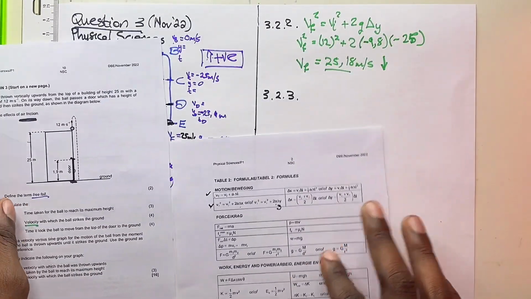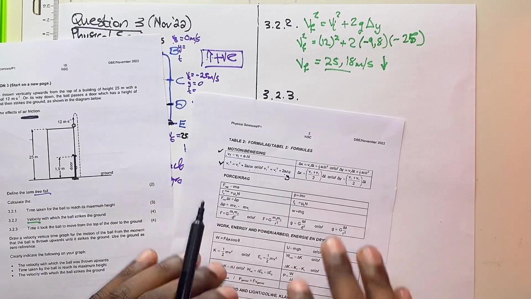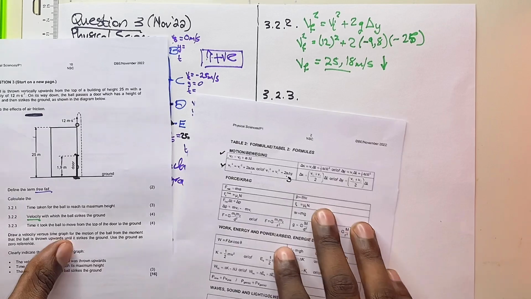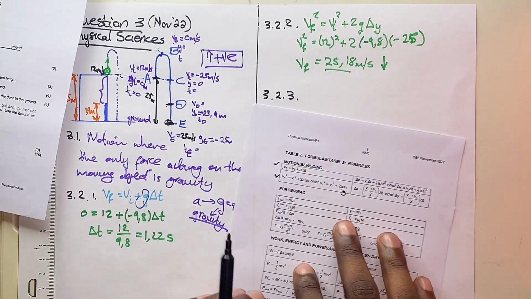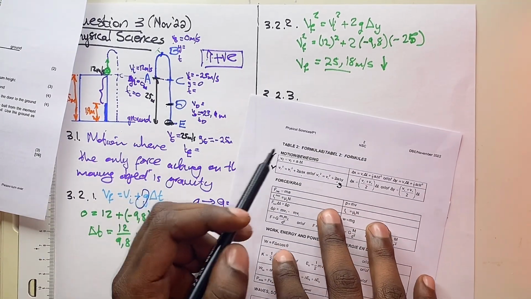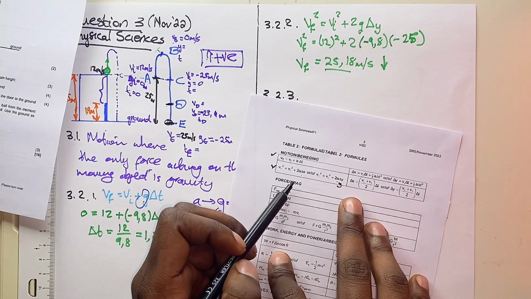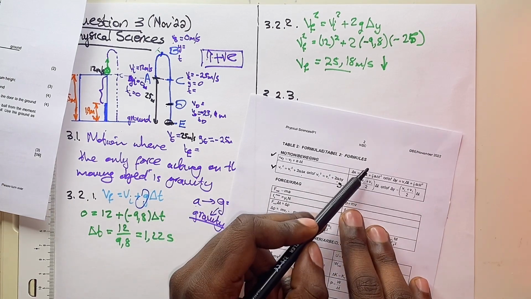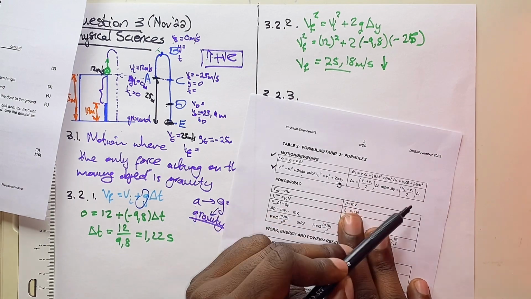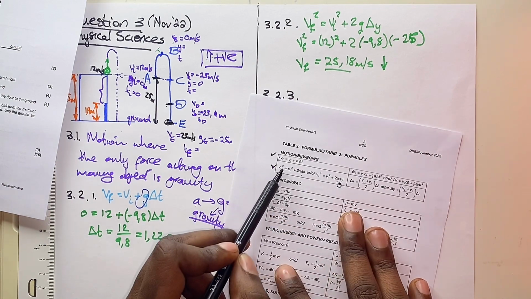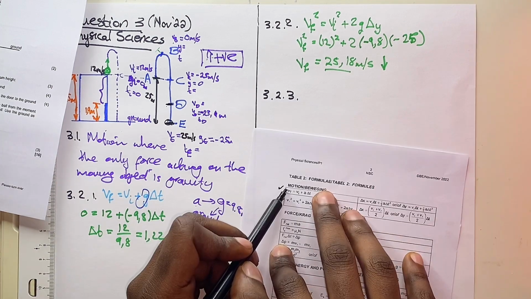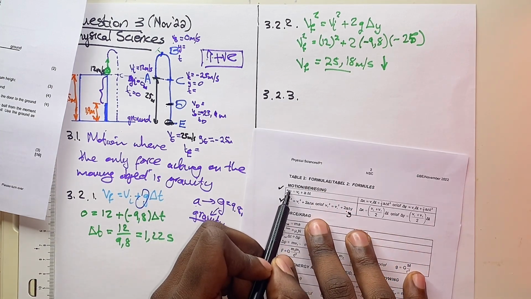So we go back to our equations of motion, and then we look at each one of them to see which one is the best fit for our problem. We want the one that has time because they're saying calculate time. So it's going to be number 1, number 2, and number 3. And this one will not work because it does not have time. But the first equation, do we know the final velocity?